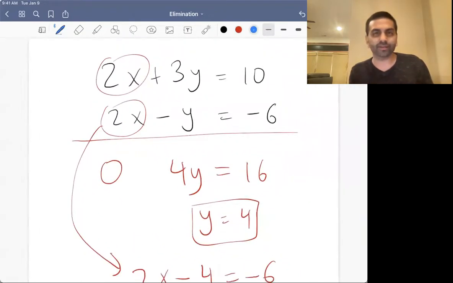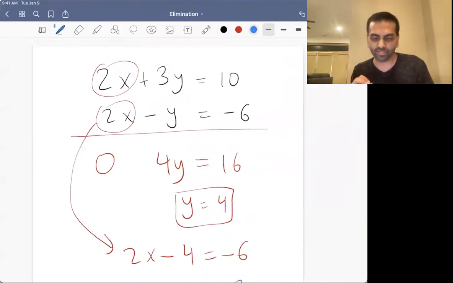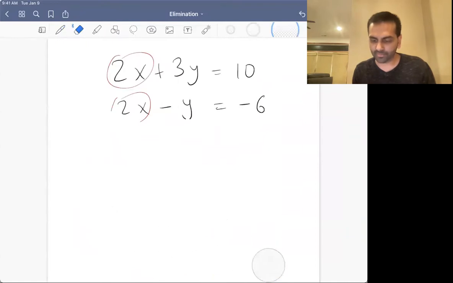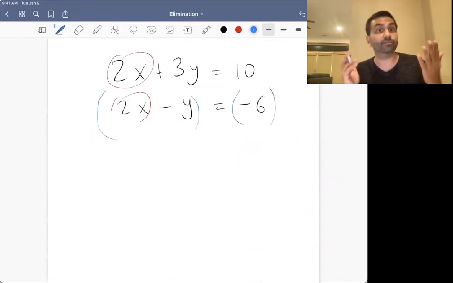Notice there is another way to have done this problem. If you really wanted to, and we'll look at this in the last example, if you're somebody who prefers the whole adding, let's just do it really quickly for this one. If instead I had taken this guy and said, you know what, I really don't want to subtract, what you can do is take this equation and multiply both sides by -1.